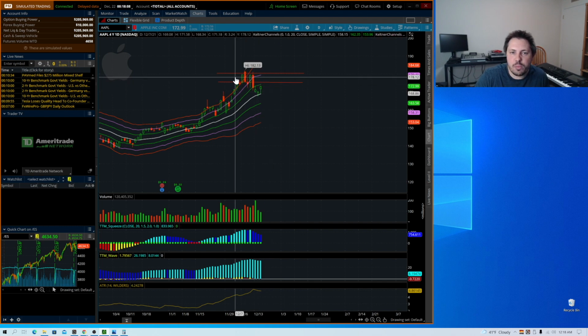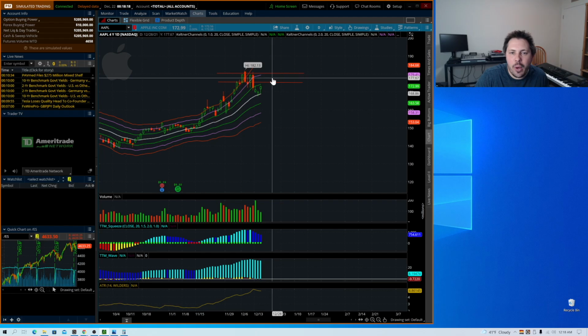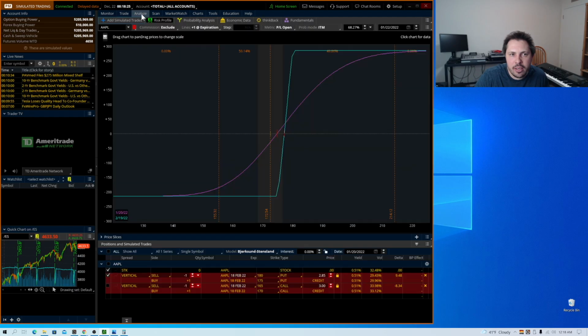So in this specific example, what would be really, really bad for us would be if we held this credit spread until expiration, and now Apple is trading in between these.